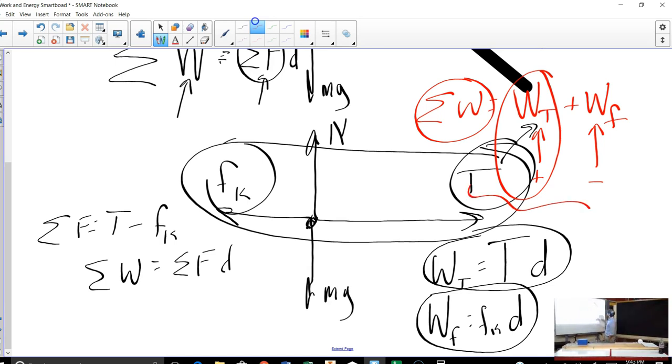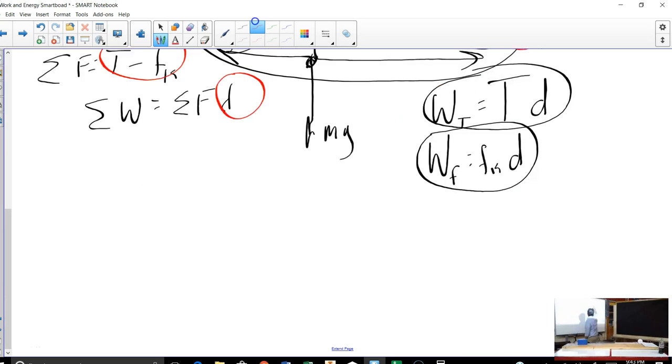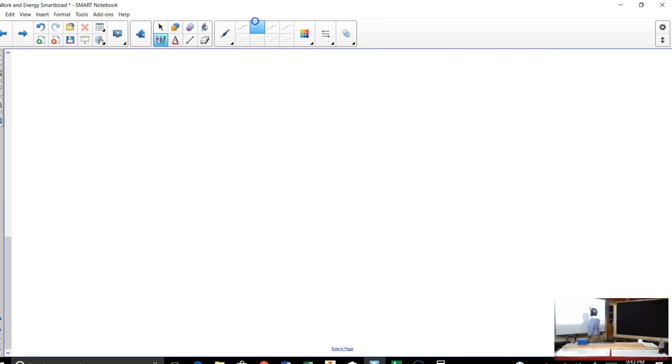You could do it by finding the net force first and multiplying that times the displacement, or you could do it here. And in fact, if you take what I've written in this mess up here in the upper part, let's look at that again. We'll clean this up a little bit. So if you recall, I have in the red over there, I had that the net work is equal to the work done by tension.